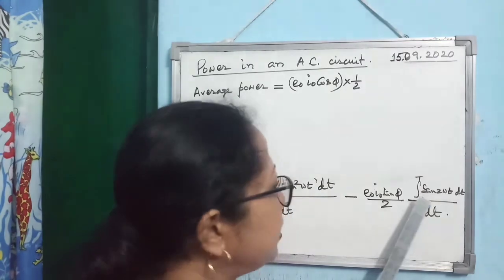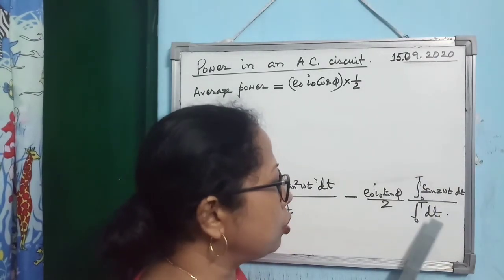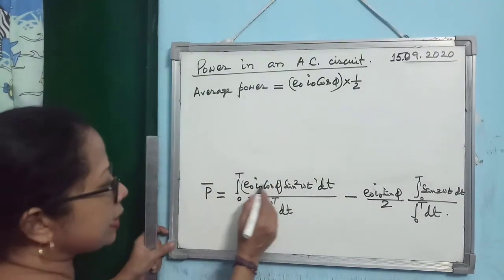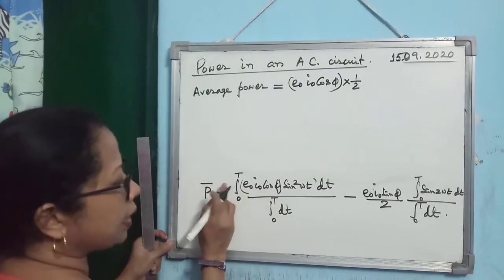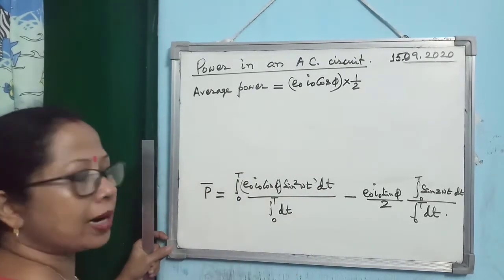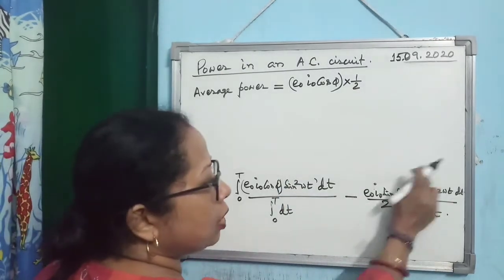And the integration of sin 2 omega t dt divided by the integration of dt is equal to 0. This E0 I0 cos phi you can take outside the integration. Then for the entire integration part, it will come to half, and for this part it will be 0.